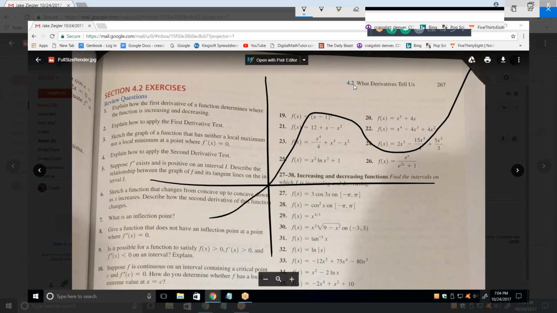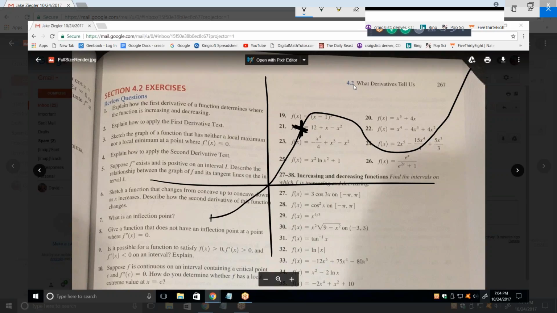I'm going to point. What's the concavity starting from the left? It's concave up, until about there, right? Yeah. I'm going to mark those points with an X because they have a special name. That's the inflection point. It's where the concavity changes.